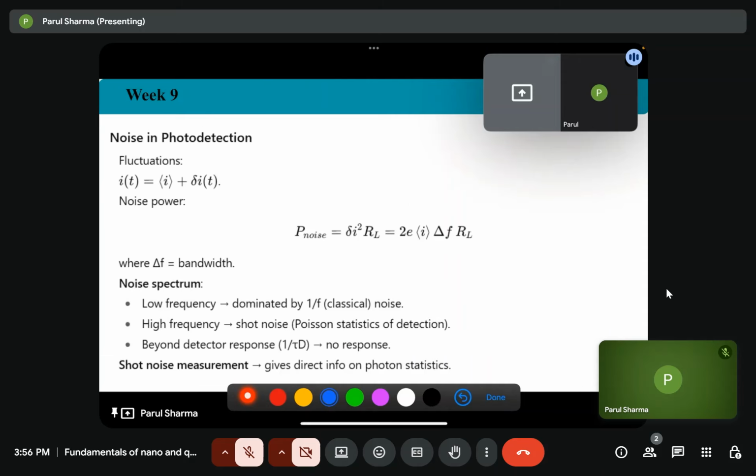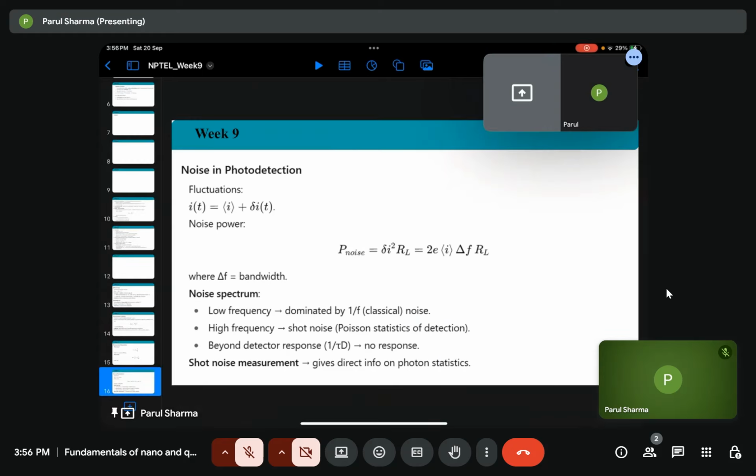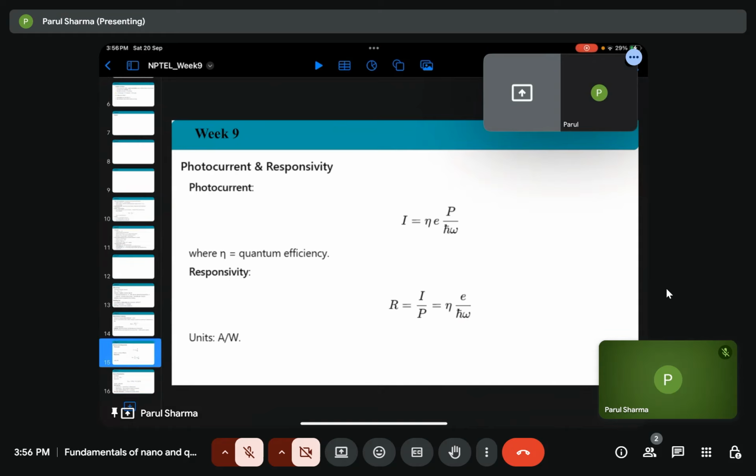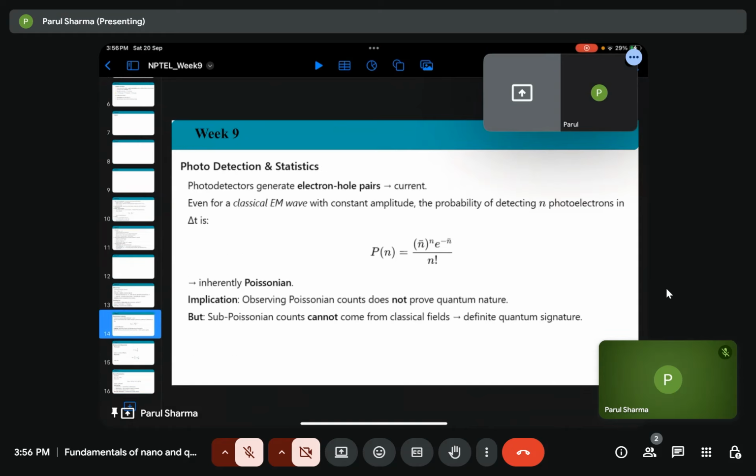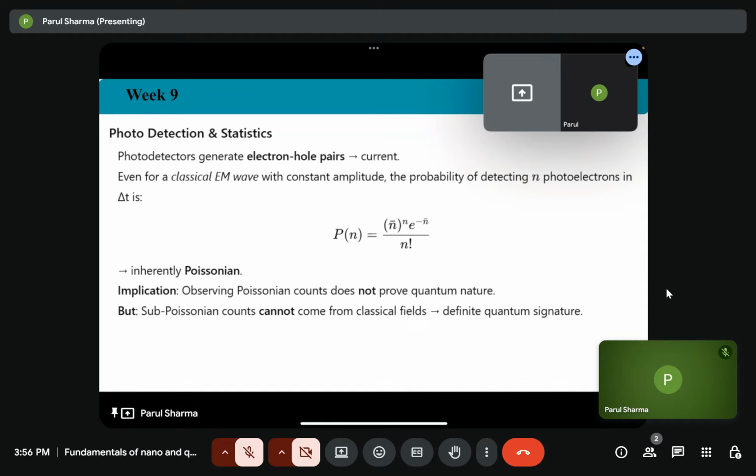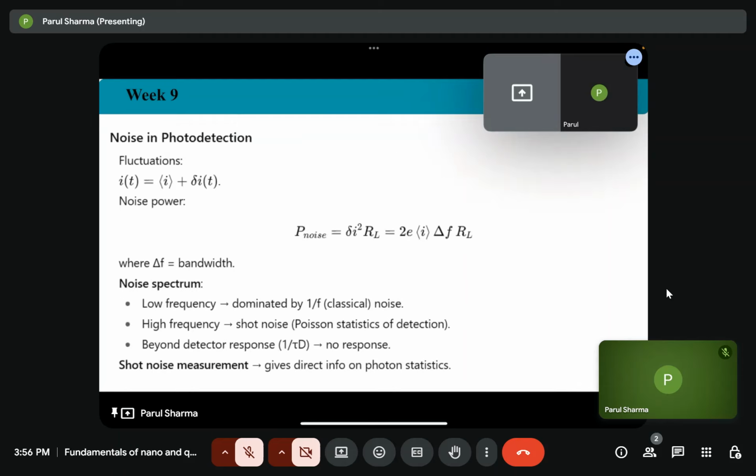So now, here we have the noise in photo detection.